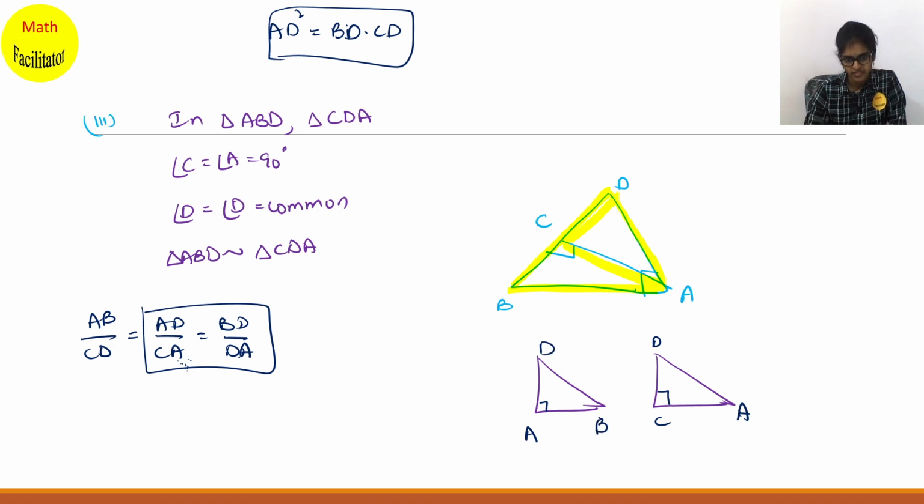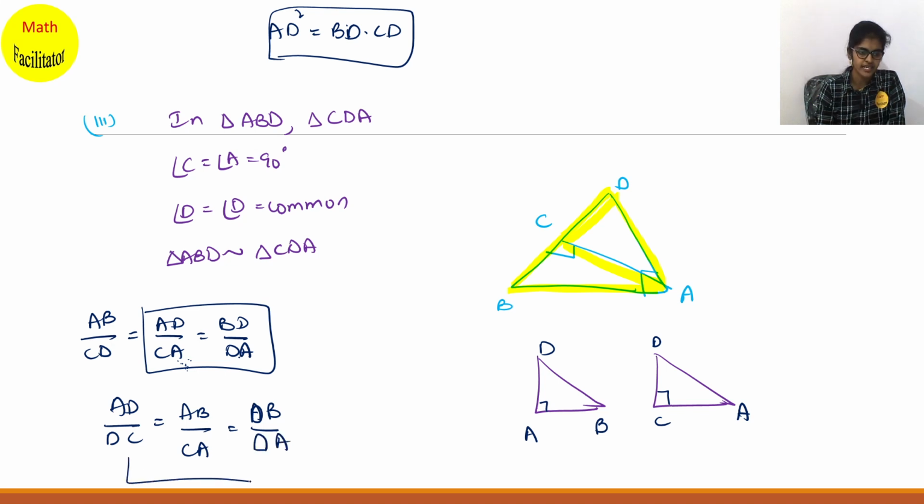We are taking it as B and D, isn't it? So take it as B and D. See, AD by DC is equal to AB by CA is equal to DB by DA.